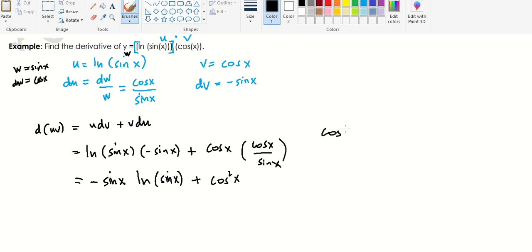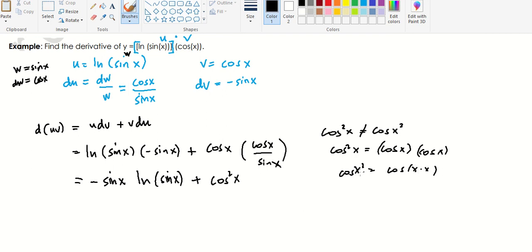Again, magkaiba po ang cosine squared x sa cosine x squared, ha. So, in this case, ang ibig sabihin ng cosine squared x, ibig sabihin cosine x times cosine x. Yan yung ina-apply natin dito. So, cosine squared x. Ang cosine x squared, ibig sabihin niya ay cosine x times x, di ba? Parang ganyan lang yan. Alright.